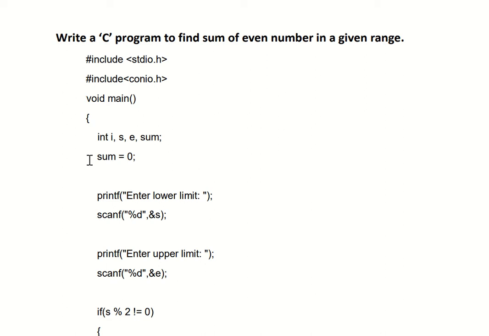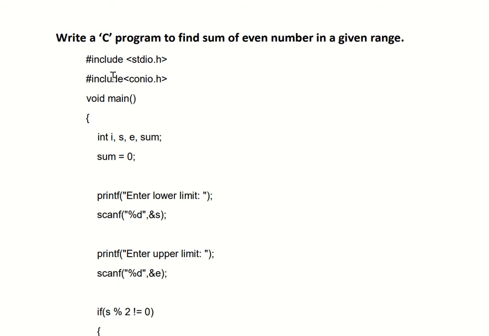Now the if condition. Now the question is, why the if condition? Because suppose, for example, you enter the starting limit as 1. We know that 1 is an odd number, not an even number, and our program is to find the sum of even numbers, so it should start with an even number.